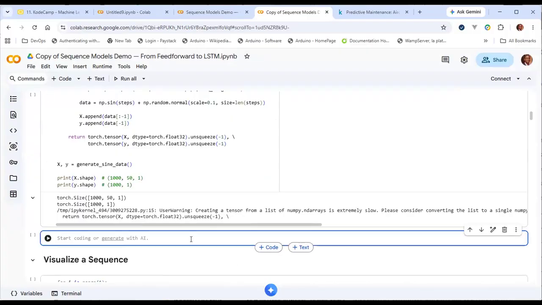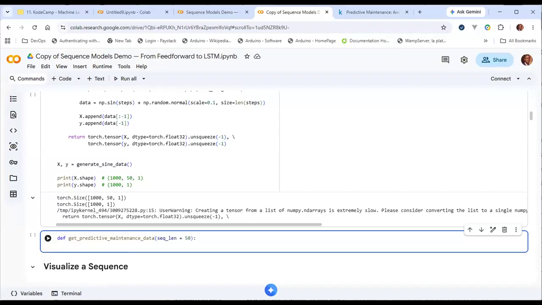Let's get predictive maintenance data, and let's have a fixed sequence length, just for the purpose of what we did here. Here we had a sequence length of 50, so in order not to go beyond that, let's have a sequence length of 50.